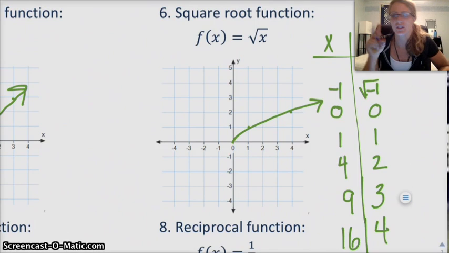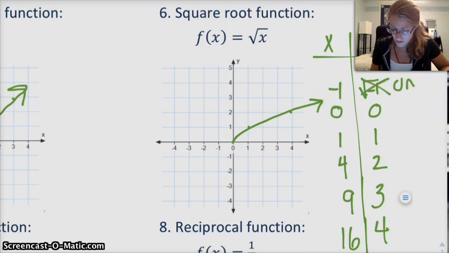Okay, so anyways, this is undefined. Undefined, right? So anything negative is not going to be on the graph, it's not going to be included in our table, and it's not in the domain. Okay, so keep that in mind with our square root function.